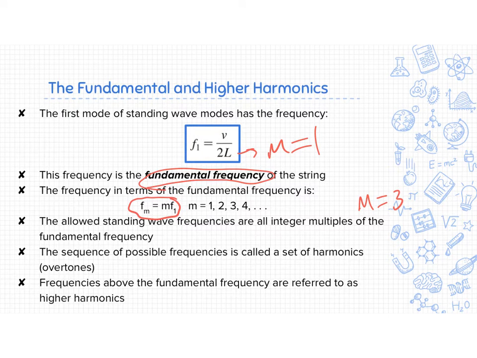It's 3 times F1, and that'll give me the frequency at that mode number. It's known as a fundamental because all you have to do is multiply by the mode number that you want to see, and that'll get you those other standing waves. These are known as higher harmonics.